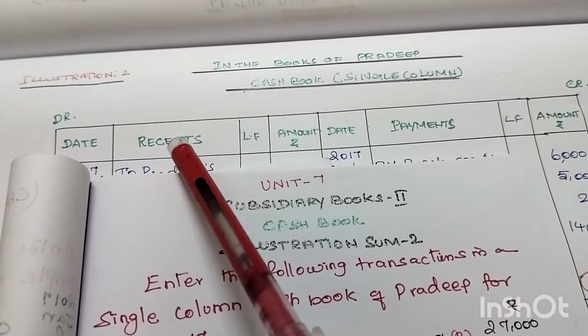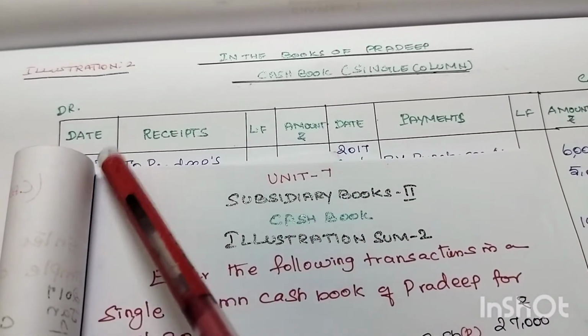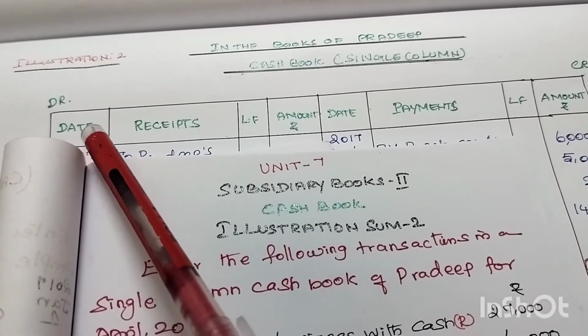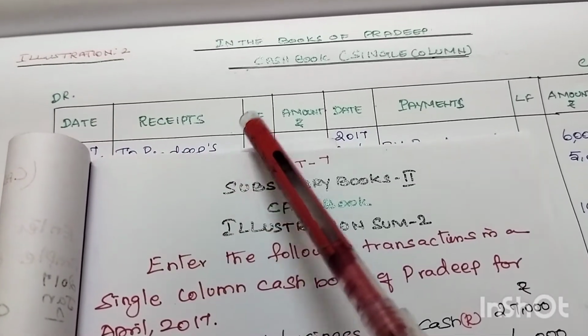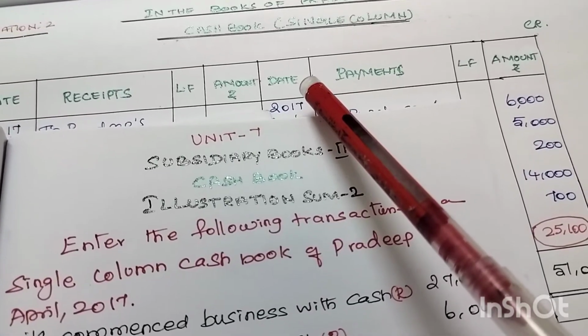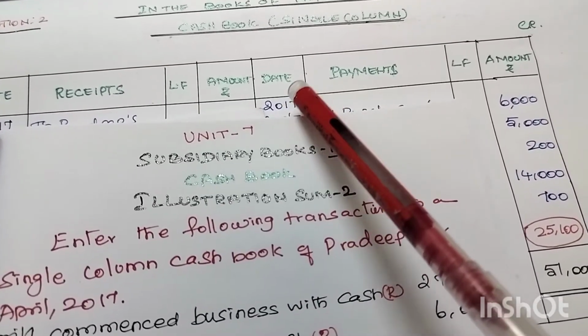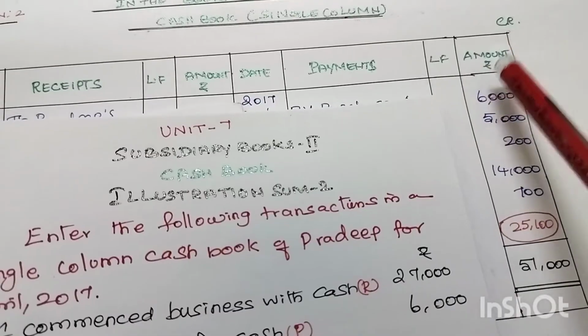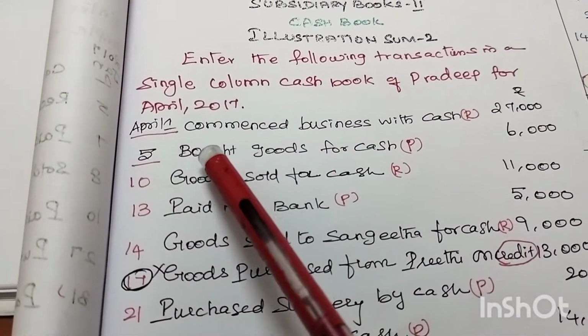Debit side has 4 columns and credit side has 4 columns: date, receipt, LF, amount in rupees, and on the credit side date, payments, LF, amount in rupees. Let's see the transactions one by one.